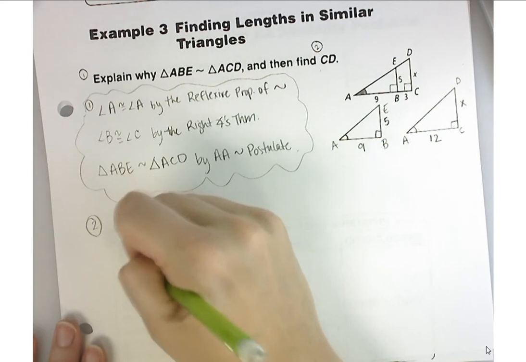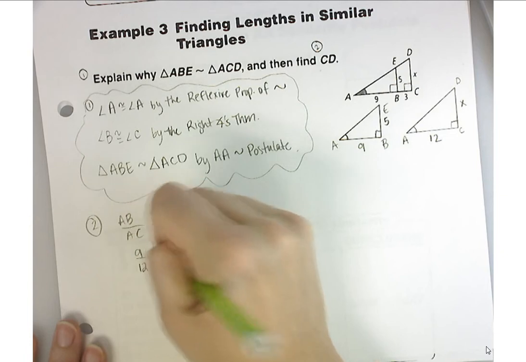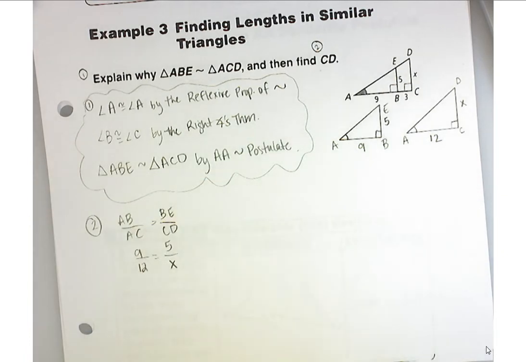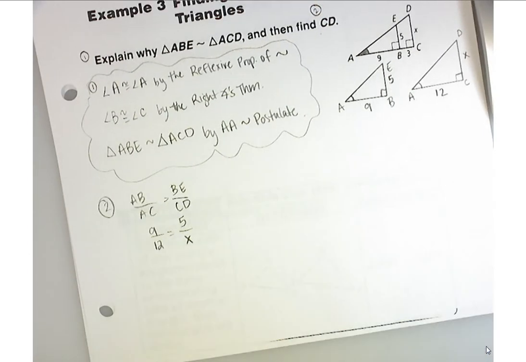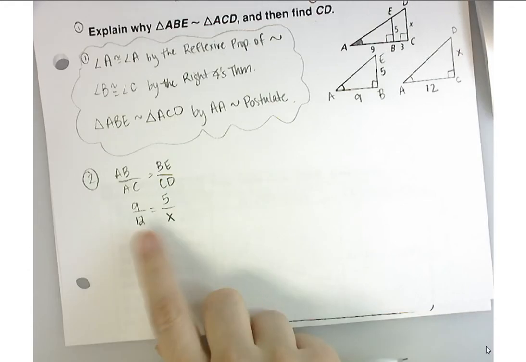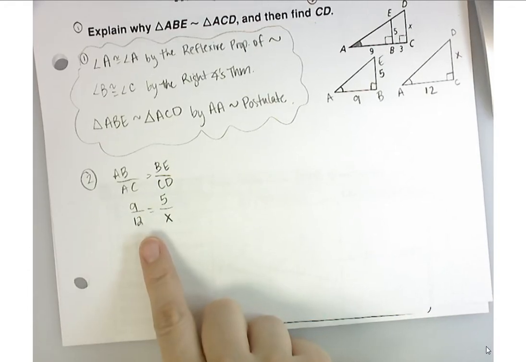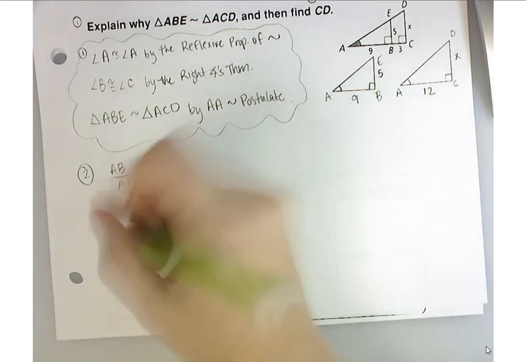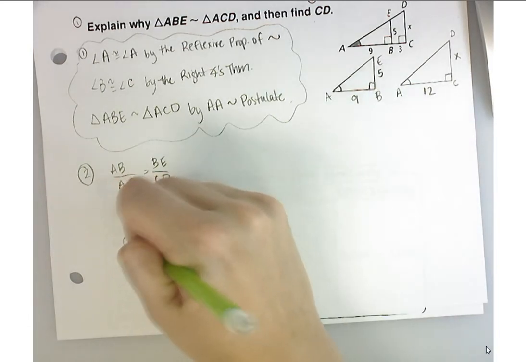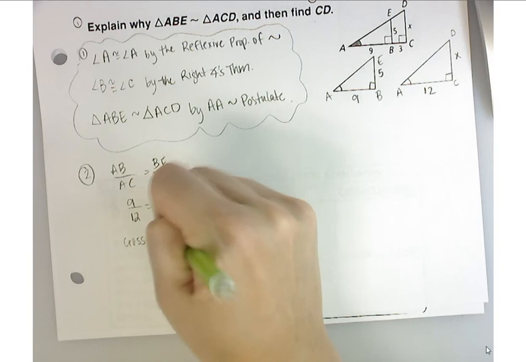So 9 over 12 would equal 5 over X. And this isn't the only way that you can set this up and have it be correct. And then when you have two ratios that are equal, whenever you have a proportion, how do we solve this? Cross multiply. So this is when you cross multiply, which we also talked about last week.